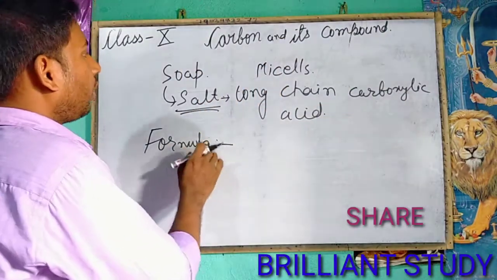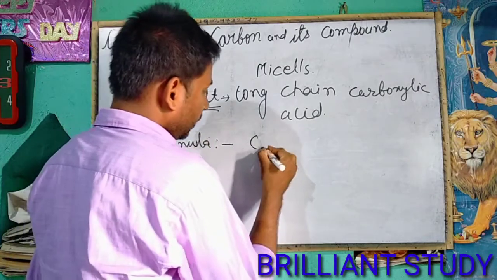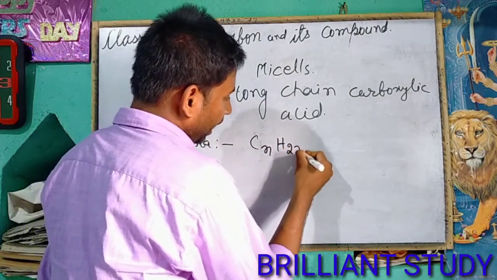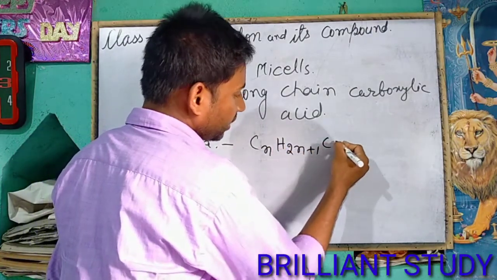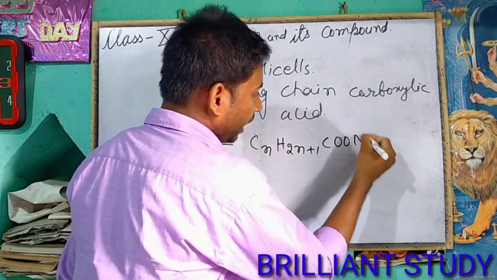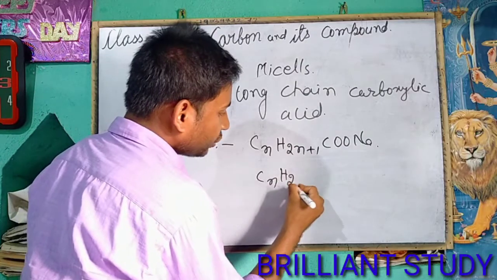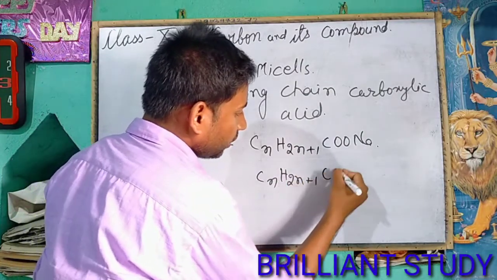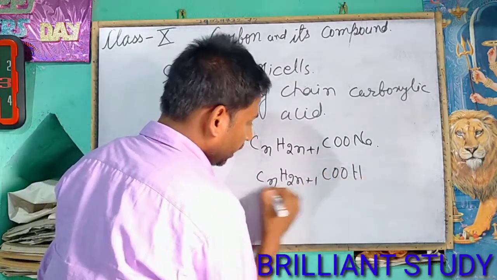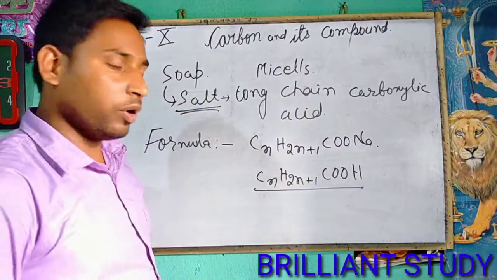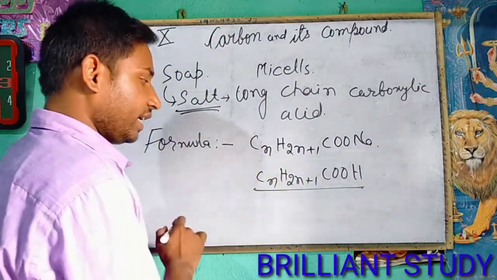The formula of soap is CnH2n+1COONa. Actually, CnH2n+1COOH is the formula for carboxylic acid.